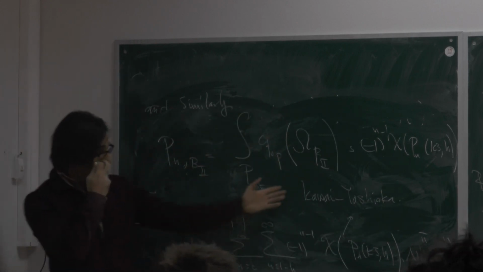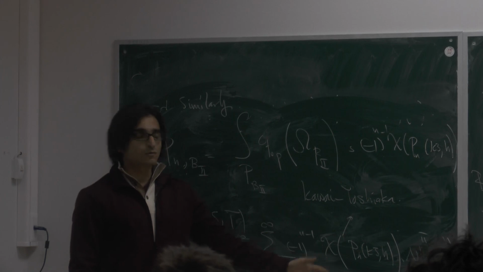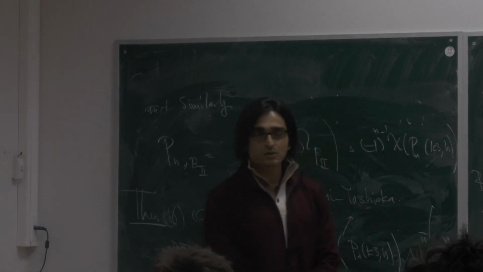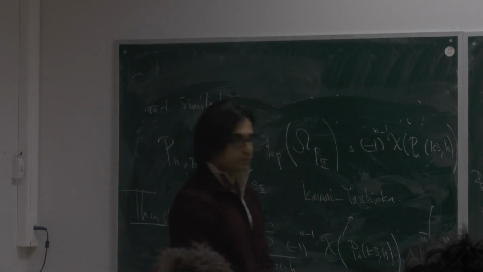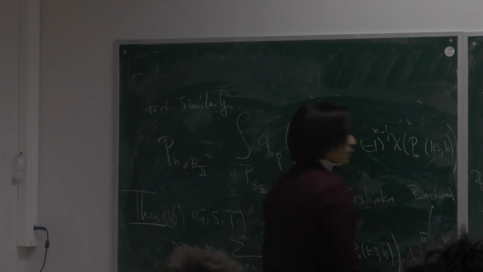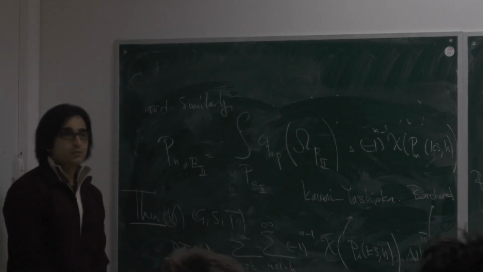So these numbers can be read off from the Kawai-Yoshioka modular form. And this also has a generating series, which also is a modular form. Borcherds, actually. Borcherds' main work on nodal Lefschetz theory.